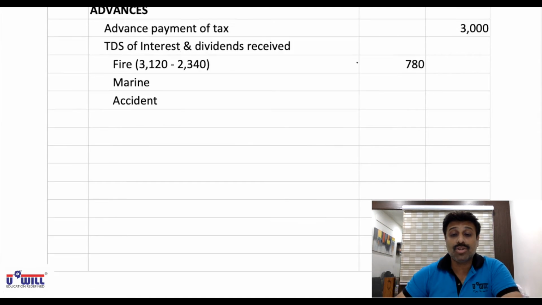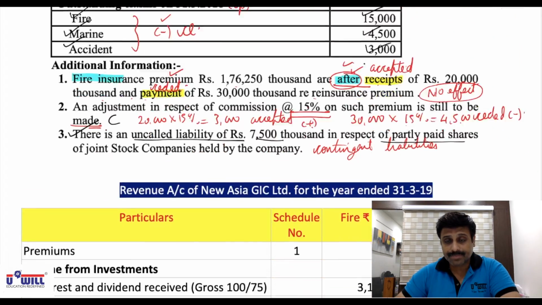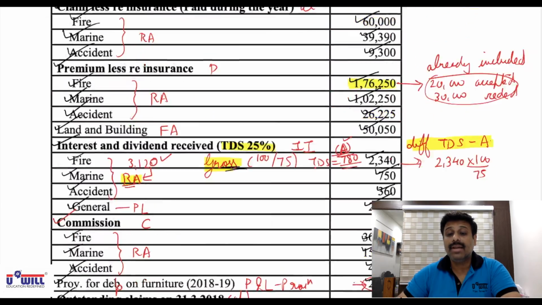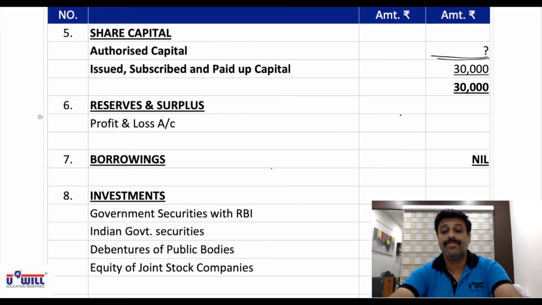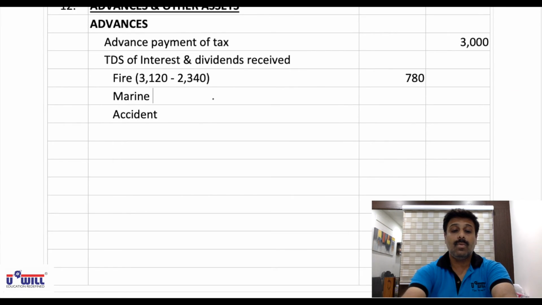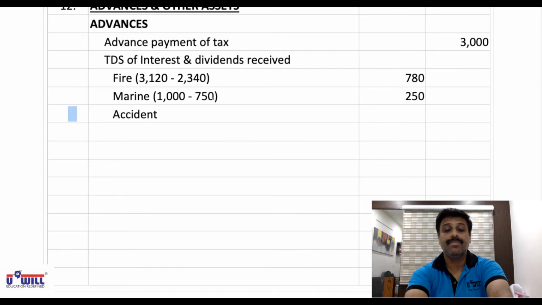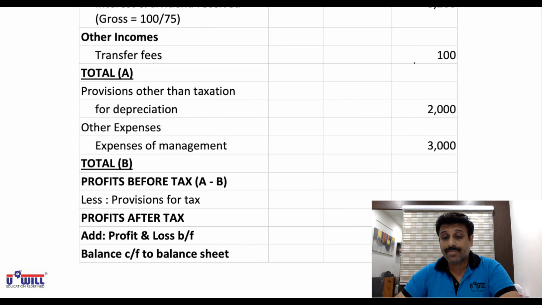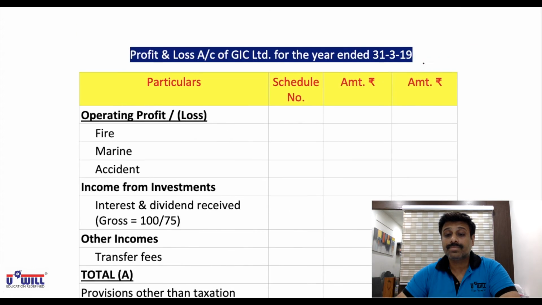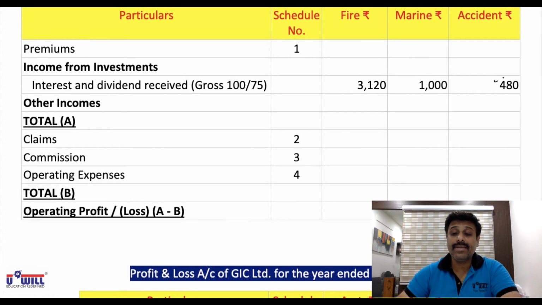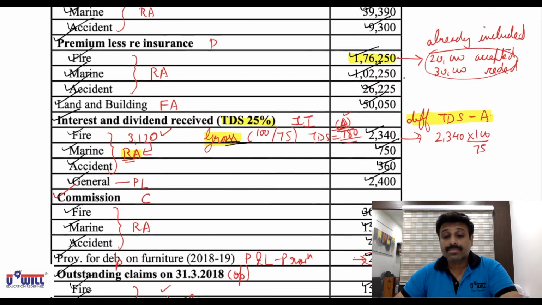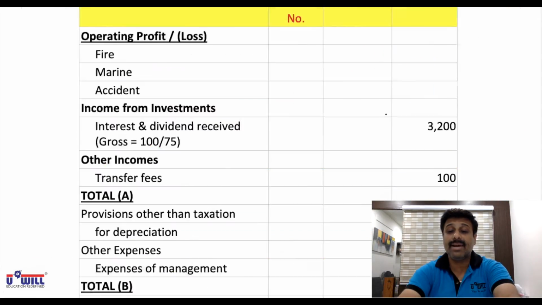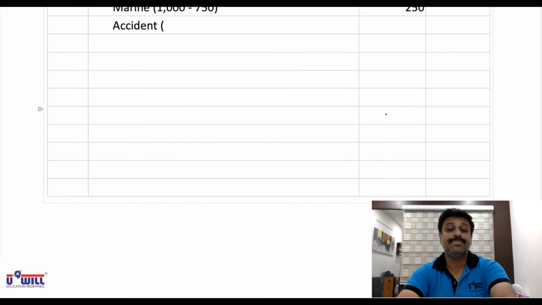Same way for marine, in the revenue account the amount is 1,000, and here it is 750, so 250 for marine. 1,000 minus 750, so 250. Then for accident, in the revenue account it is 480, and actual 360. So 480 minus 360, 120.